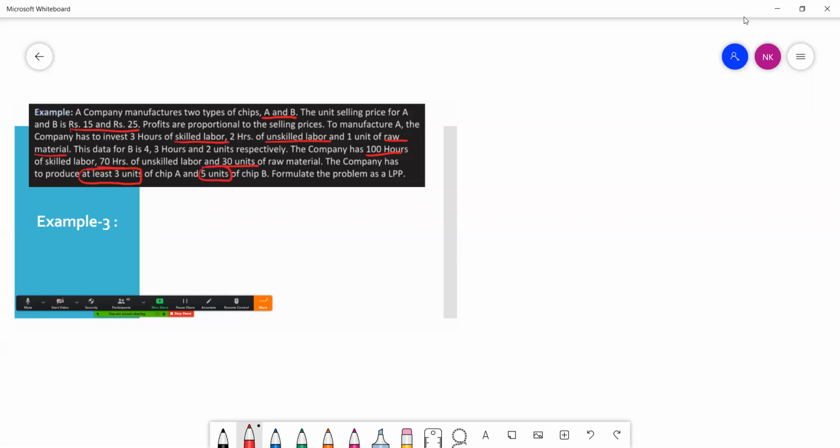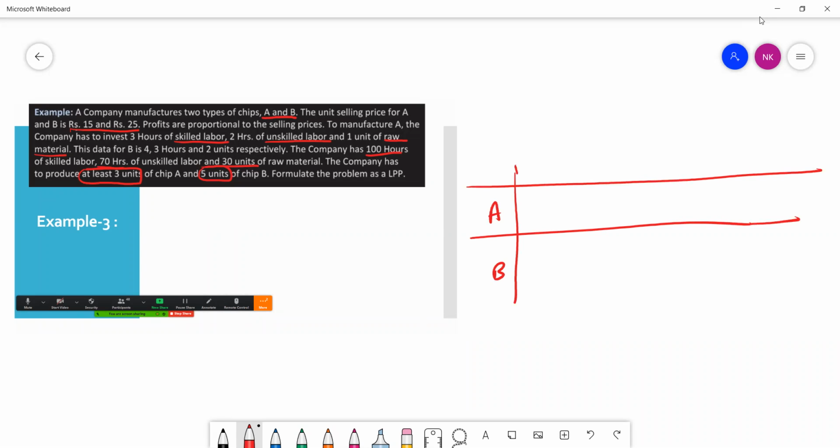Okay, fine, correct. Whatever explanation has been given is completely correct. So it says that a company manufactures two types of chips, that is A and B. Let me write A and B over here. These are the products, as in each of the examples we have seen.